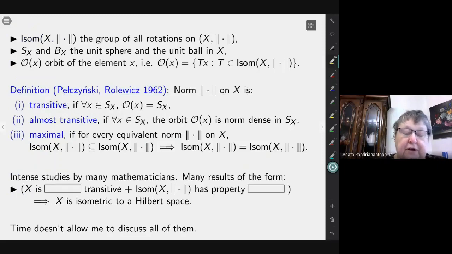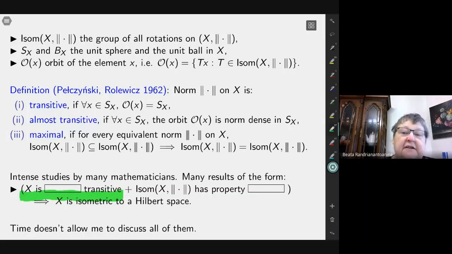Okay, so this problem has been studied by many mathematicians. It's impossible to mention them all in this talk, but currently we still don't have the final result. What we want is a statement that would say X is, and here I put a blank, because maybe I want to say almost transitive.